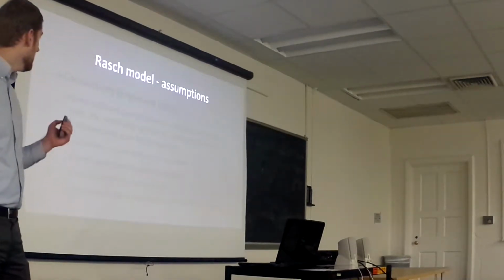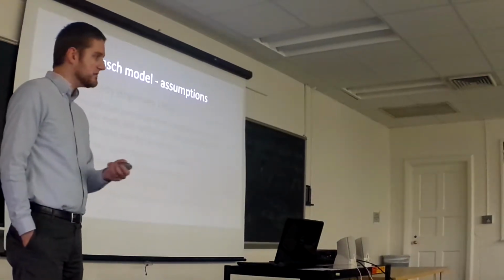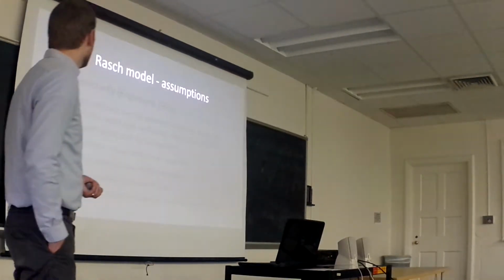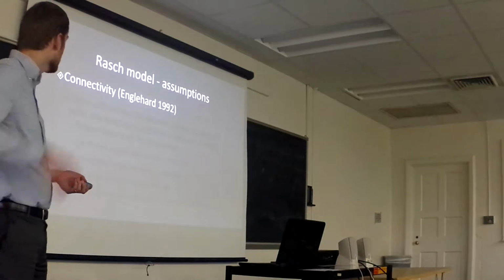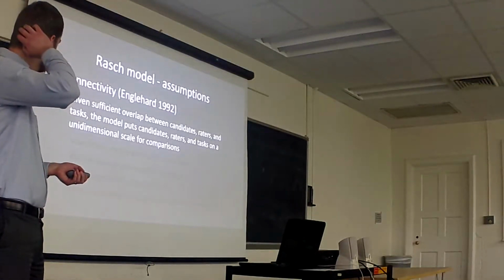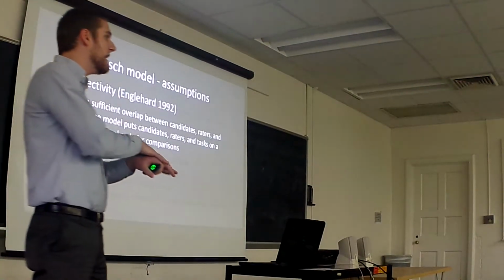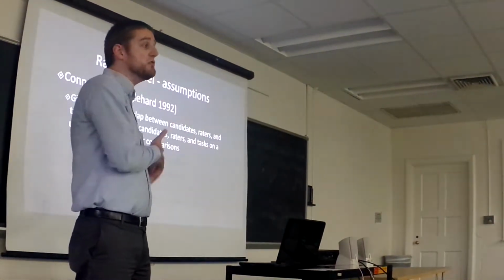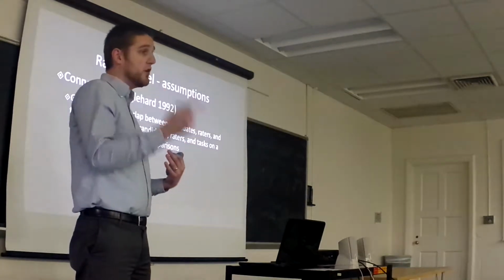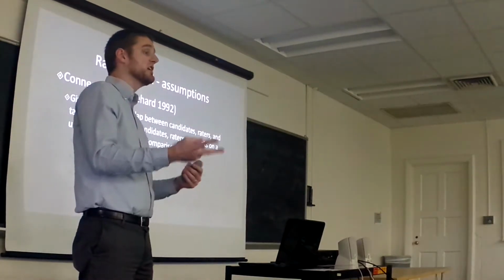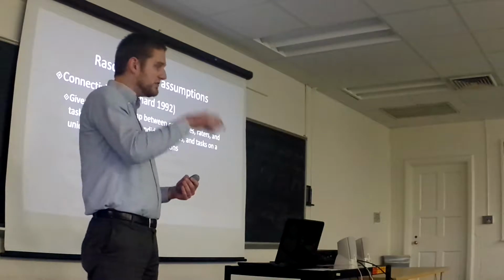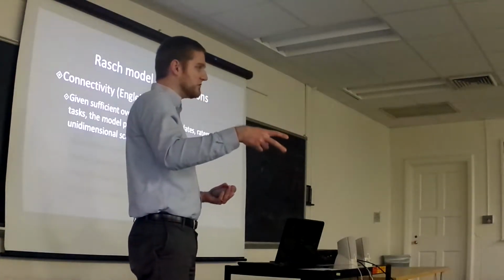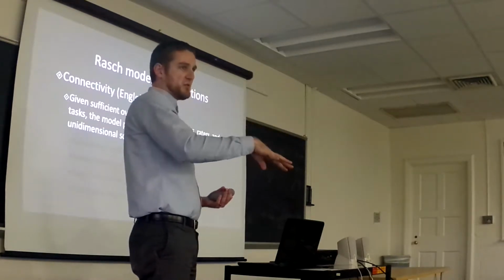As for this model, as you'll note from the papers, this is a summary of 2 of the main assumptions of the Rasch model, the first being connectivity. The idea is that there's enough overlap between the different candidates. In this case, it was MUTEs that I used. One person takes 2 different compositions. Each composition gets 2 separate total scores, with 4 separate sub-scores.